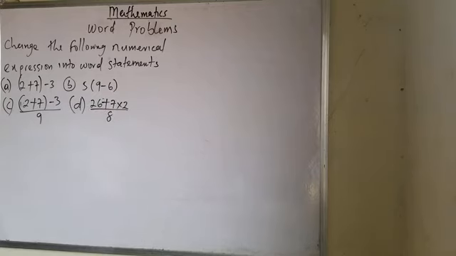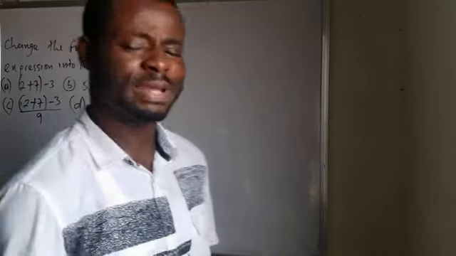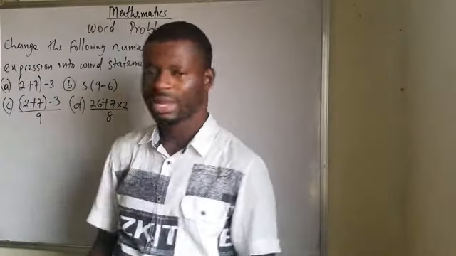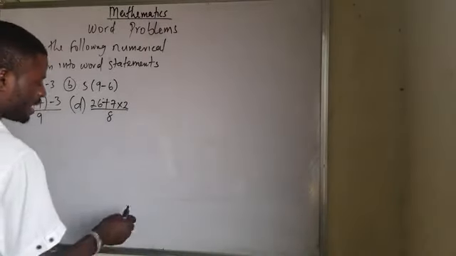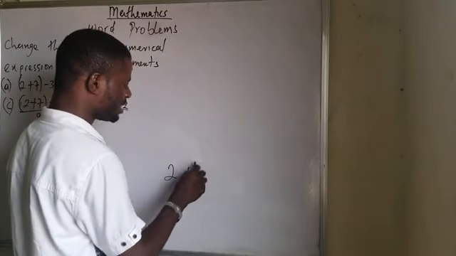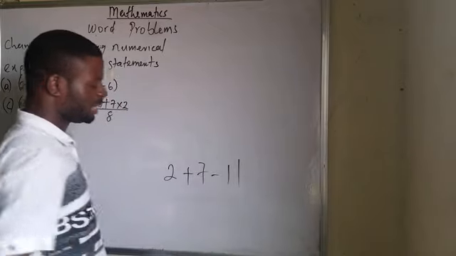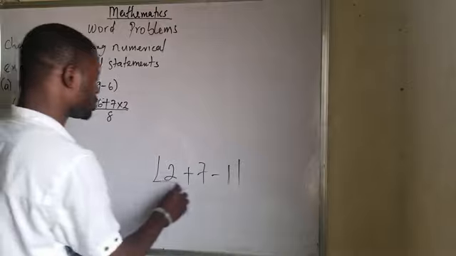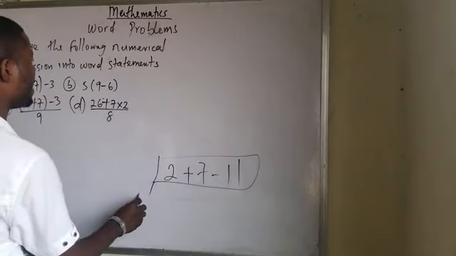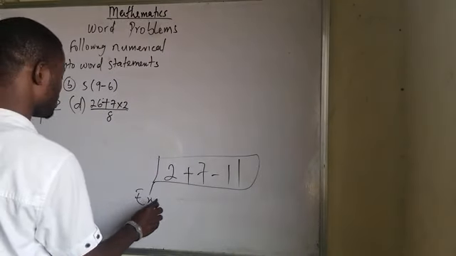Before we solve this problem, let me quickly explain the difference between word problem, equation, and expression. When I have a problem like 2 plus 7 minus 11, this is a simple expression. Please take note of that.